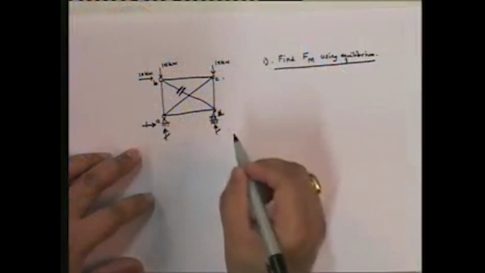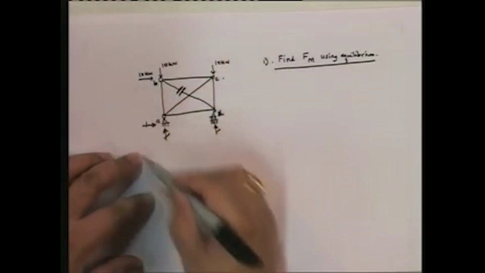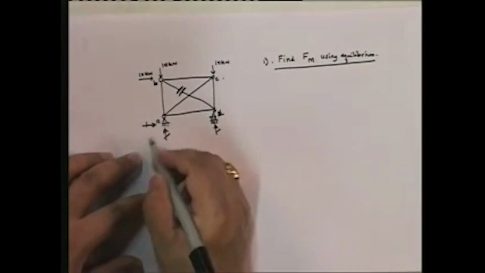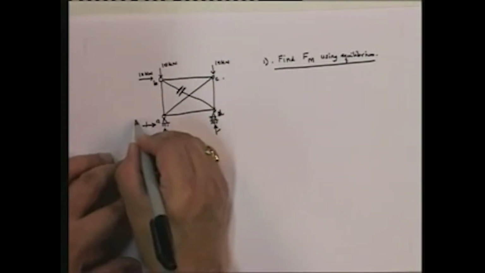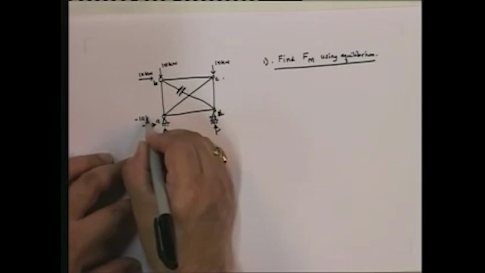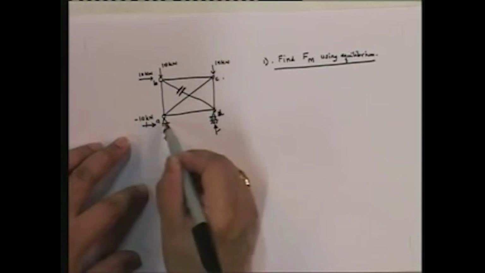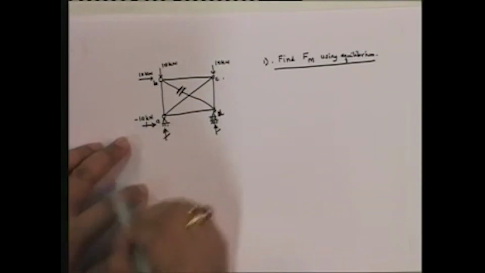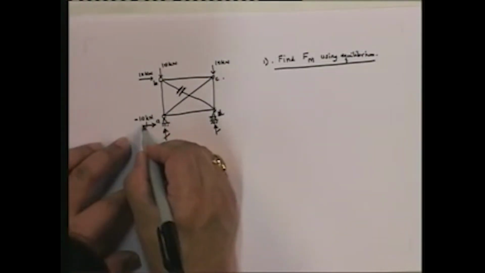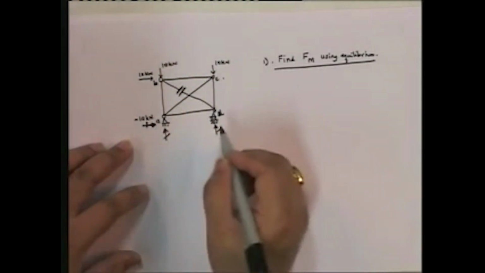First and foremost, these are the unknown reactions. Let us do sigma Fx equal to 0 for the entire structure. That gives me minus 10. In other words, the direction that I am showing is actually in the opposite direction, 10. So I am putting down minus 10 because I have shown it in this direction.